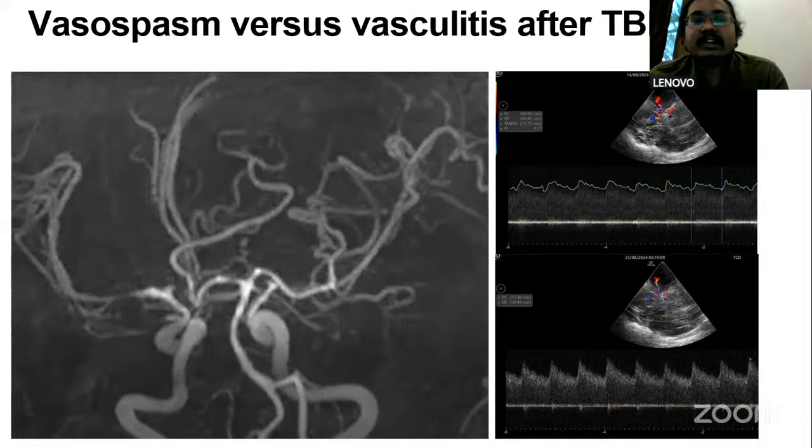So the question always remains, once TB meningitis happens, how do we protect them from infarcts is a big deal. Maybe if we can screen for increased velocities way before, then we might be able to bring down the infarcts. So this is an area of active research. We need to see what our research says in the future.